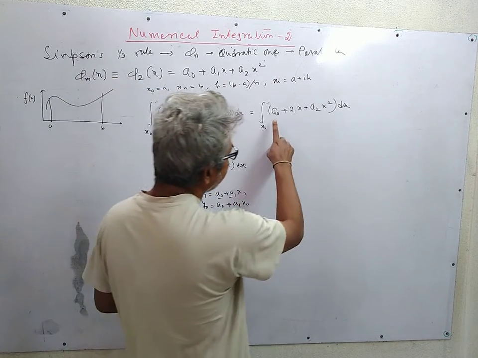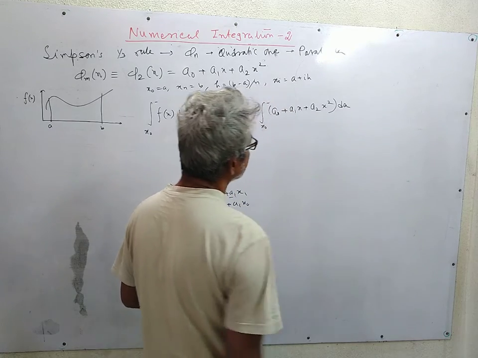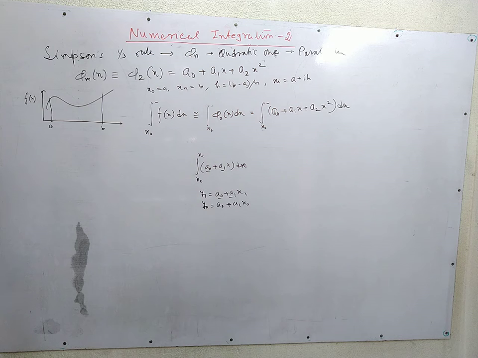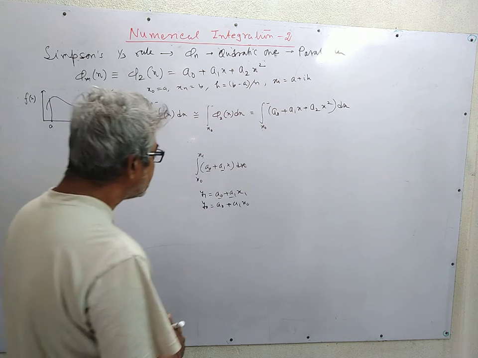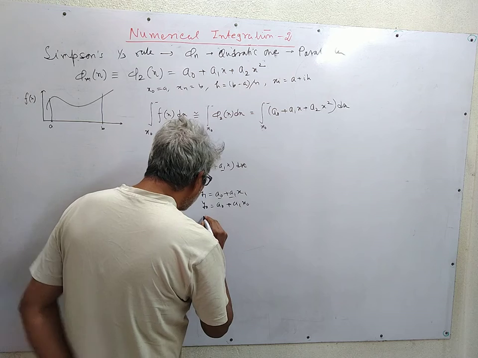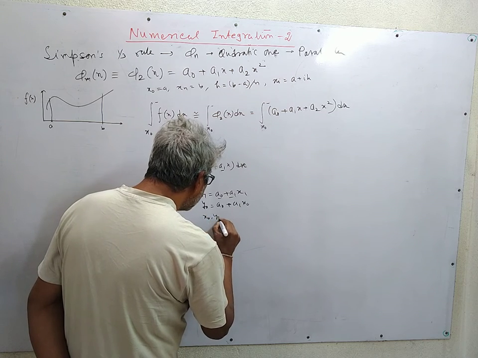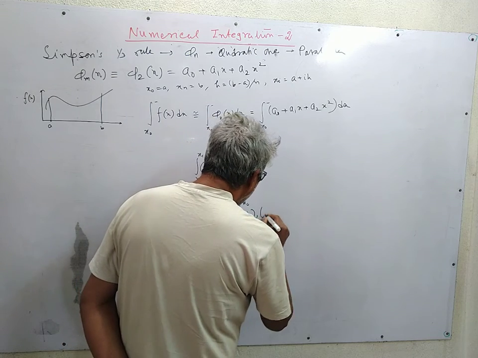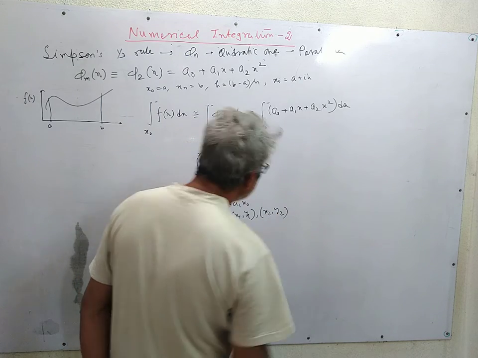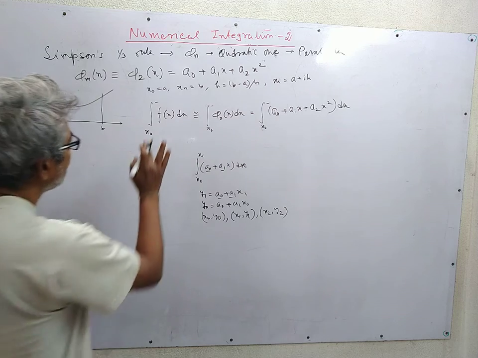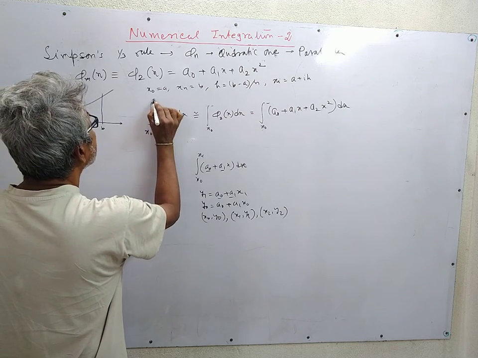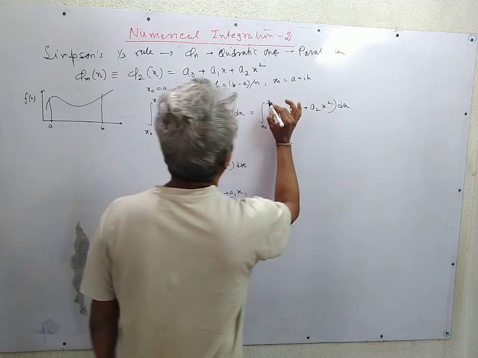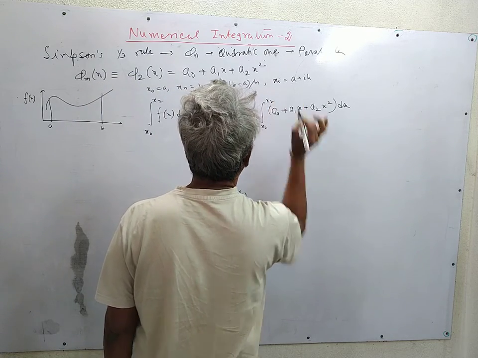But here there are three unknown constants. So to determine three unknown constants, we require three conditions. So the conditions would be the values x0 y0, x1 y1, and x2 y2. That's why the limit should not be x1, rather it is x2. I think the point is clear.